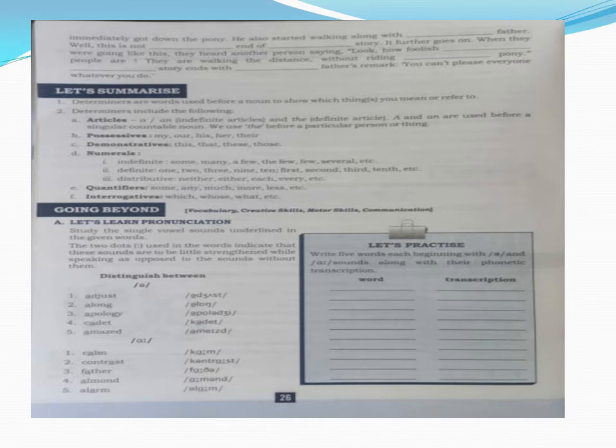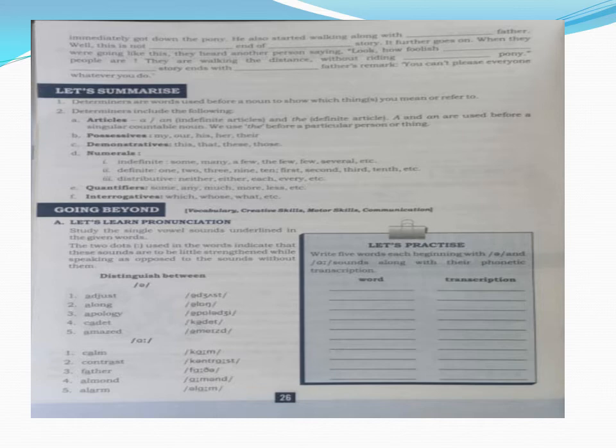Okay, see children, here on page number 26 once again the summary is given. Determiners are words used before a noun to show which thing or things you mean or refer to. Okay, determiners are article, possessive, demonstrative, numeral, quantifier and interrogative.